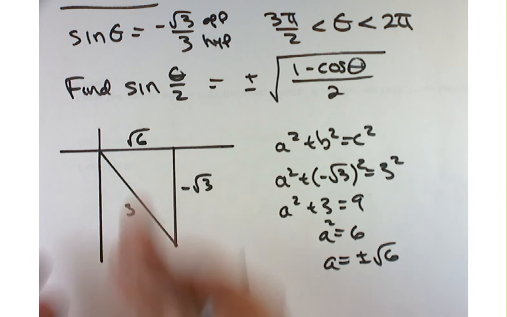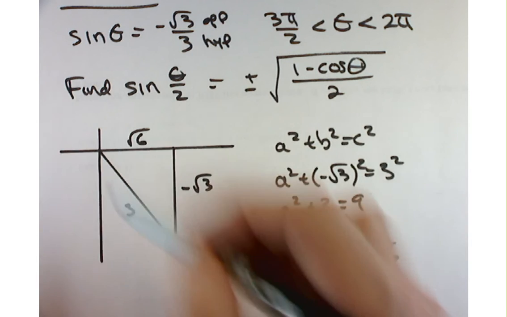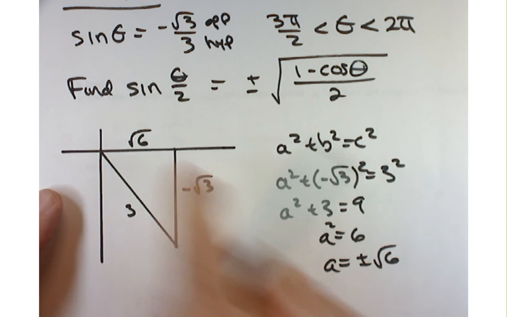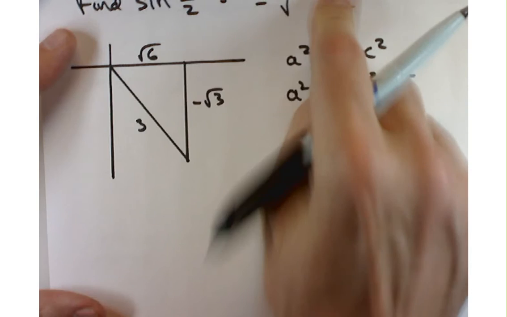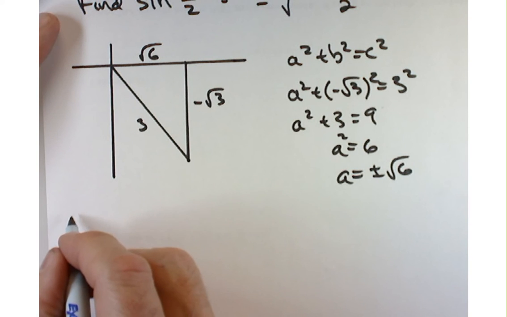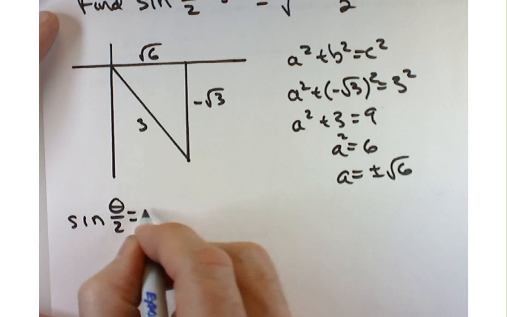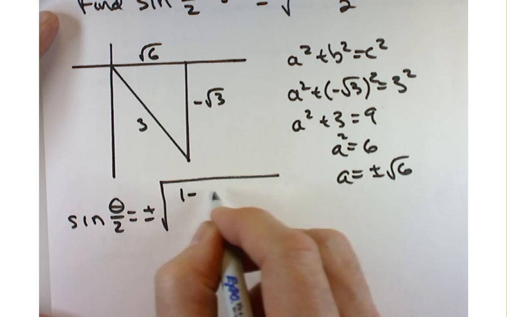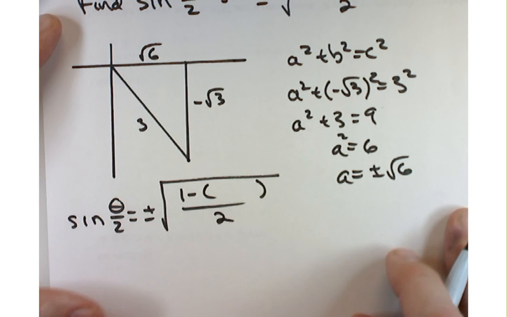Now you can see my scale is off. This looks longer than this, but it doesn't matter, as long as the sides have the right number. You don't have to draw the triangles in proportion. But that's great, because now I can figure out what the cosine of theta is. So sine of theta over 2 equals plus or minus square root of 1 minus cosine of theta over 2.